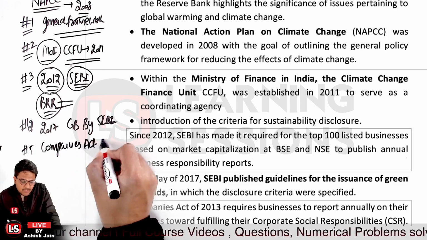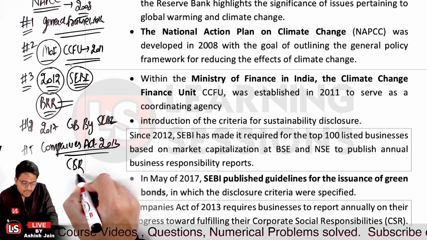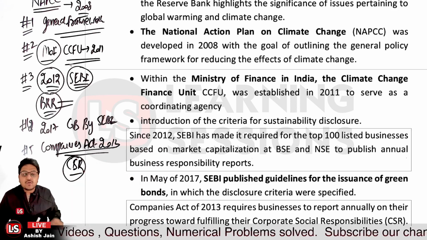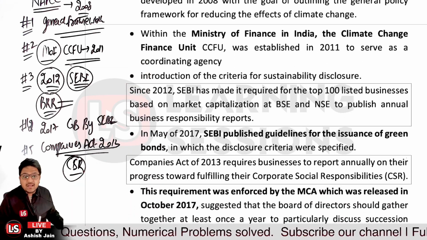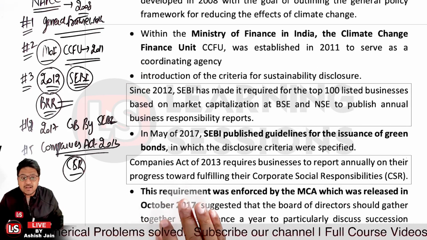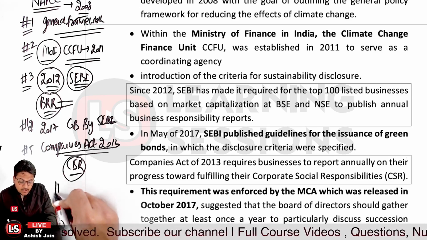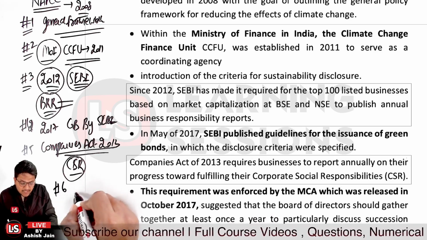The Companies Act 2013 requires a corporate to report how they are fulfilling the requirements of CSR, that is corporate social responsibility, right? And the requirement was enforced by MCA, released in October 2017, which basically required what? So in 2017, let me write it down.